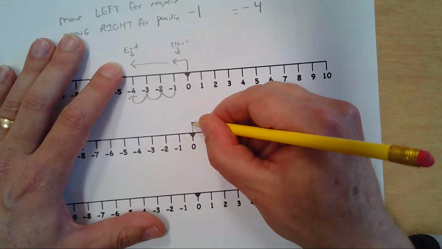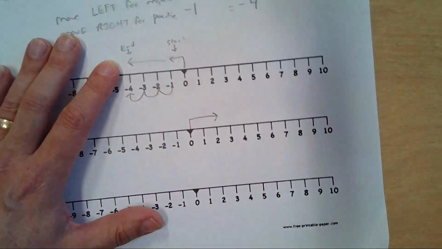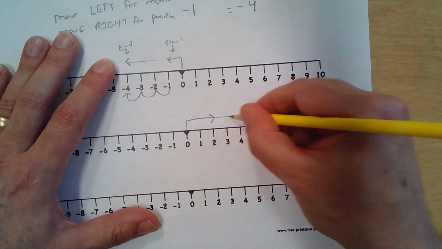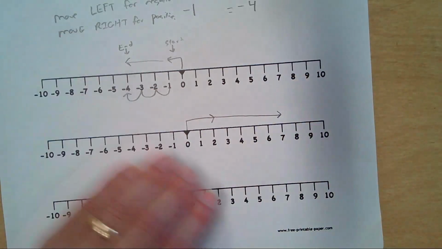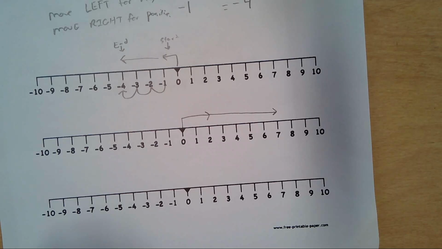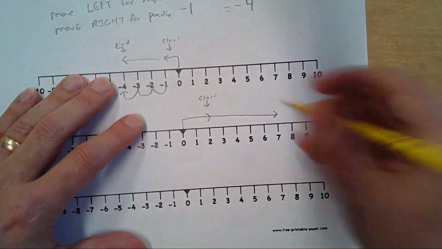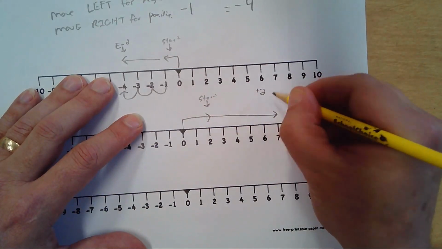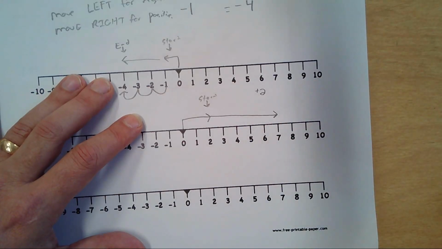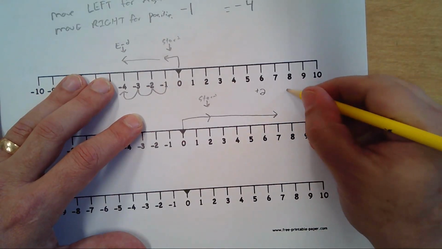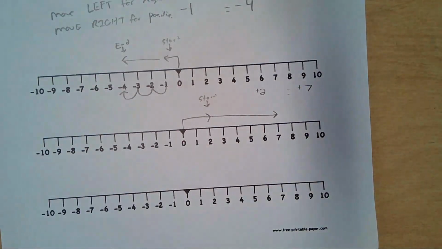So, matter of fact, if I started this way and I went over to here, right? And then let's just say I went up to here. So where did I start? Well, no, I started here. I started at 2, or a positive 2. Where did I finish? At positive 7. That's where I ended up there.